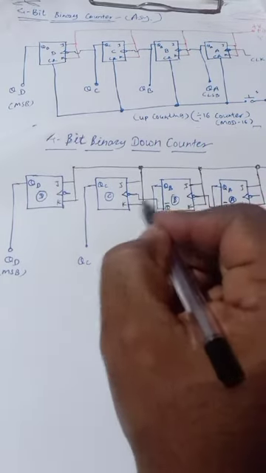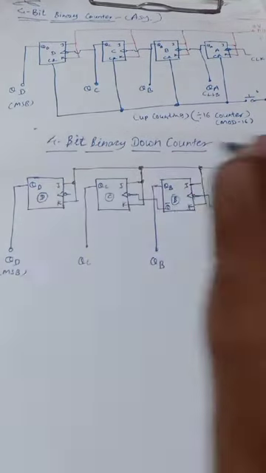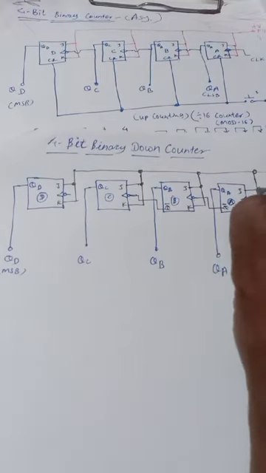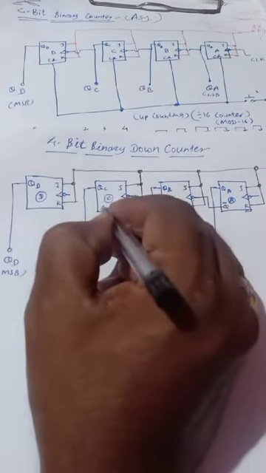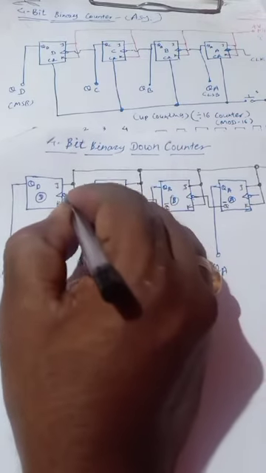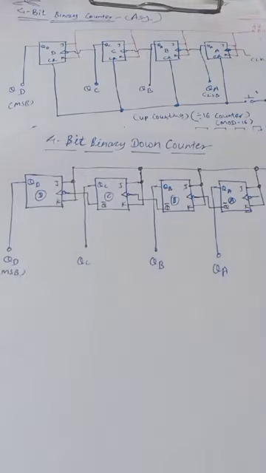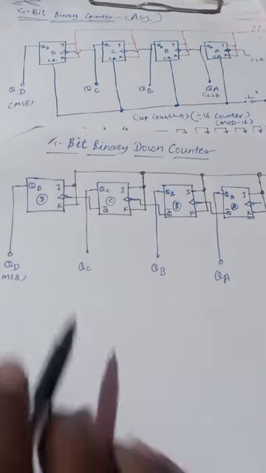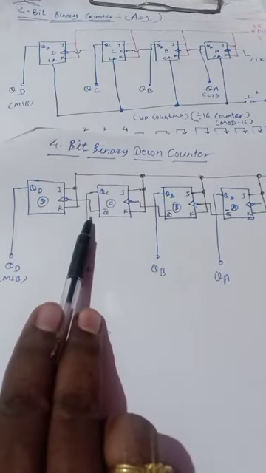So these are not connected. If there is a connection, we show it by a dot. So here also Q bar is used as the clock of the D flip flop. So this is the only difference between the up counter and the down counter.